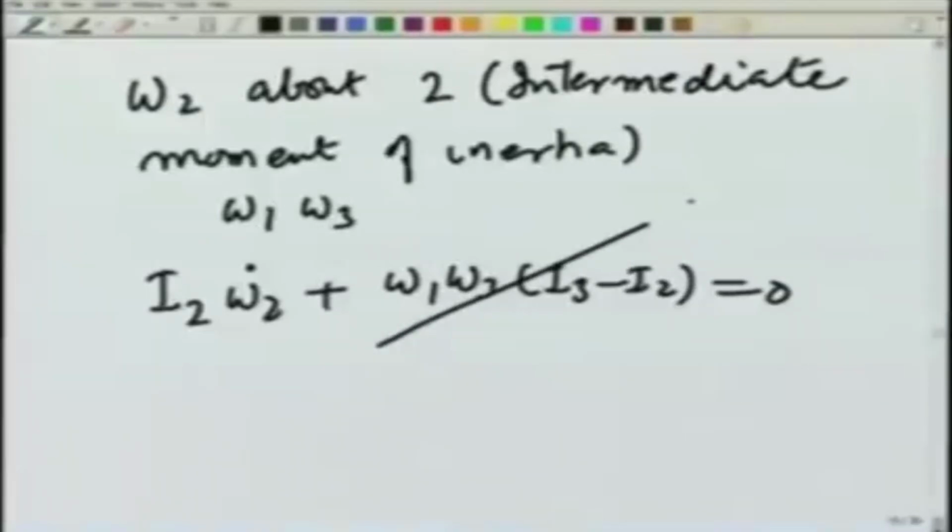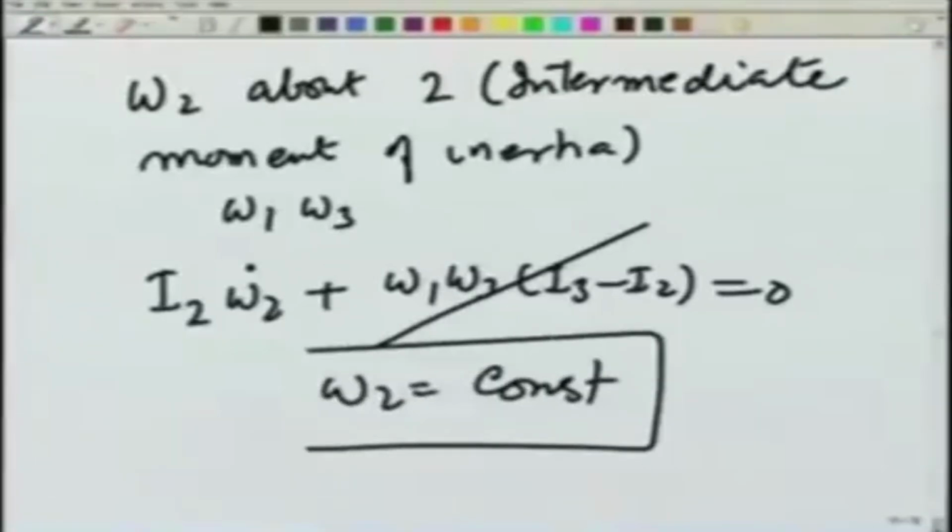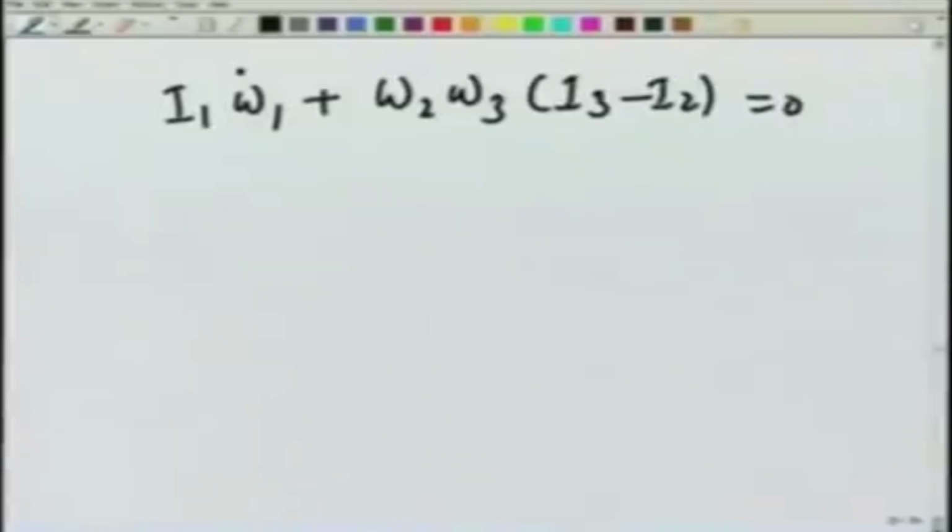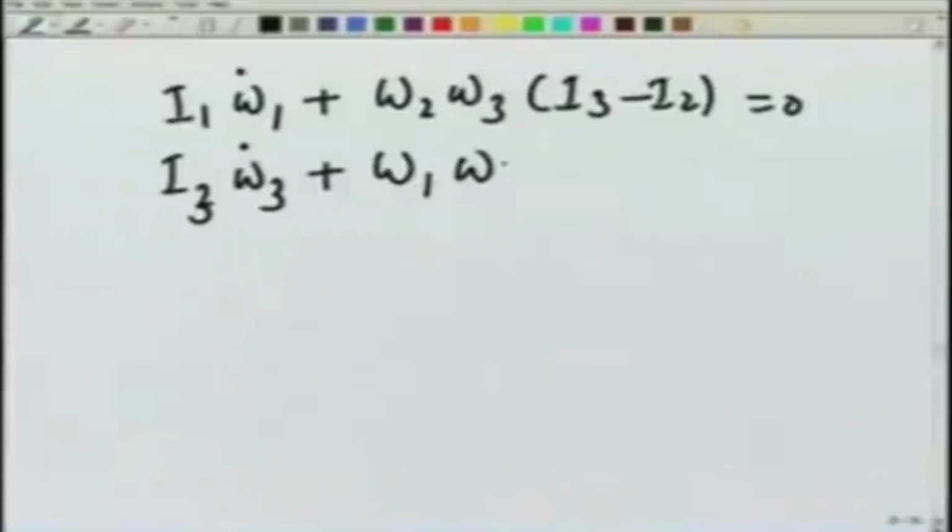This I can neglect in the first approximation. So, omega 2 is a constant. How about omega 1 and omega 3? I would have I1 omega 1 dot plus omega 2 omega 3 (I3 minus I2) is equal to 0, and I3 omega 3 dot plus omega 1 omega 2 (I2 minus I1) is equal to 0.